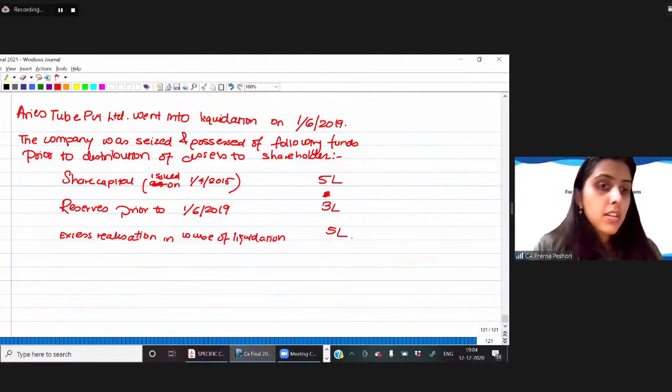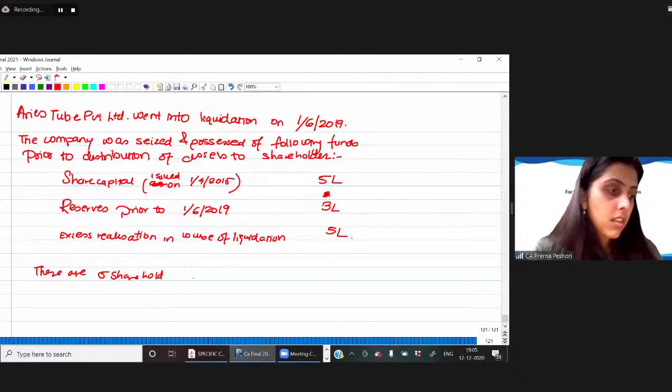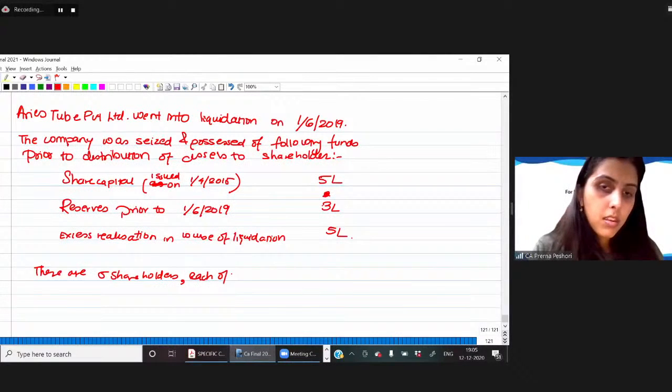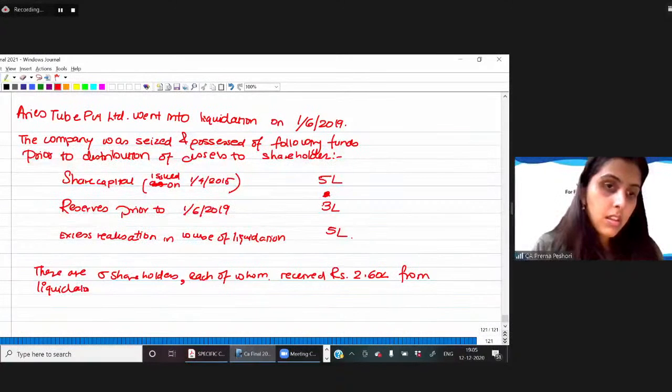There are 5 shareholders, each of whom received rupees 2.60 lakh from the liquidator in full settlement.